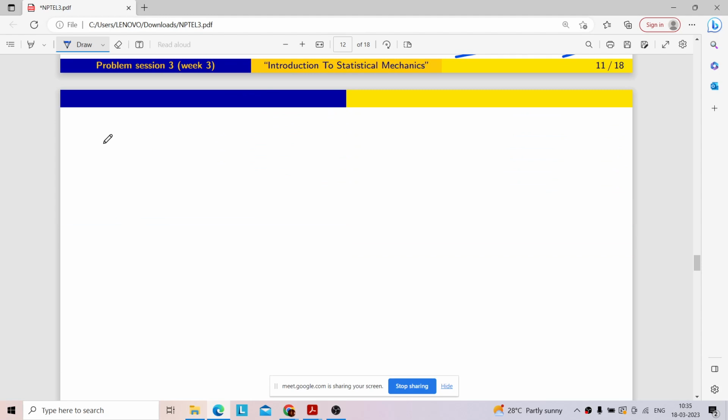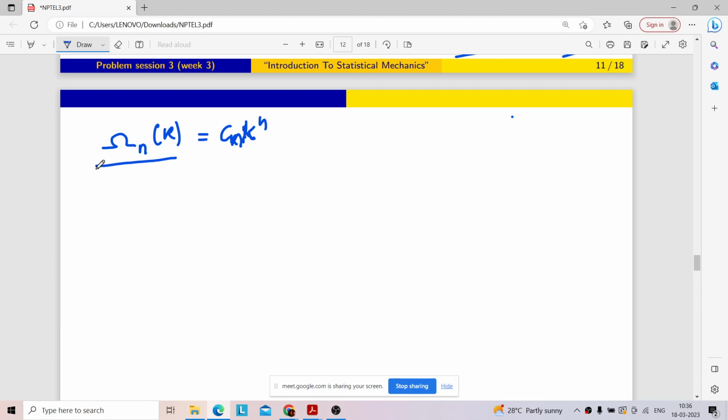Now I can check the number of microstates or volume in this K space. I can define it as omega K equal to Cn K to the power n. So this is in K space.